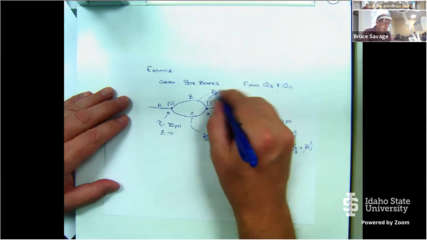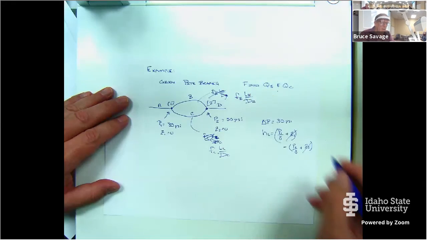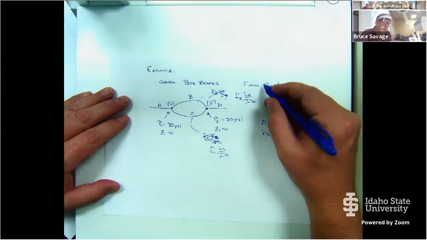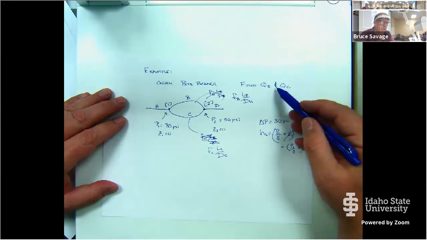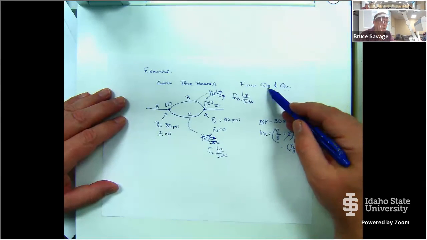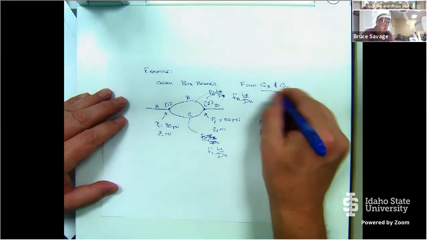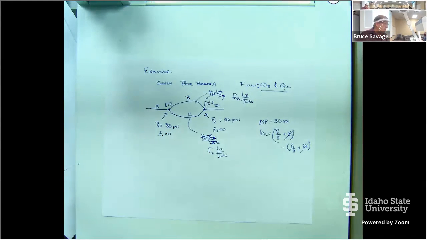That's F sub B right here, F sub B times L. I can't see what's on the subscript of that. This is "and": find Q sub B and Q sub C. Oh, okay, that's the flow rate. Sorry, I'm trying to hurry and my handwriting gets sloppy when I hurry.